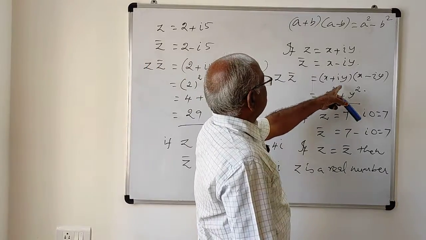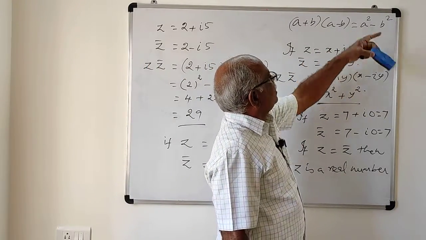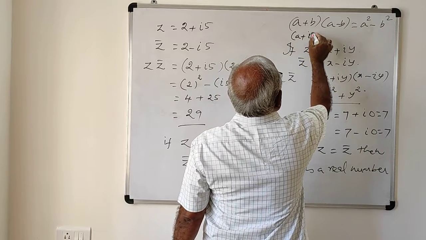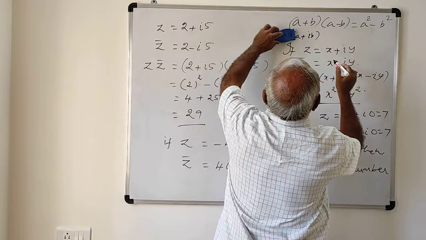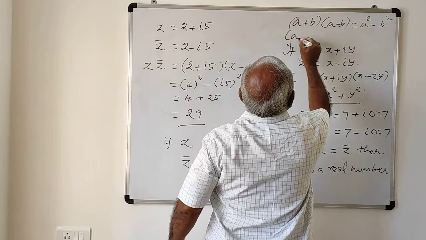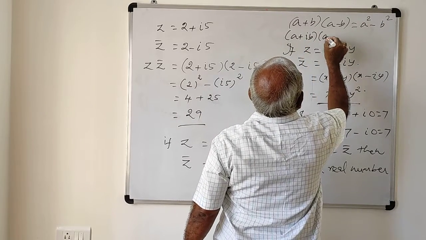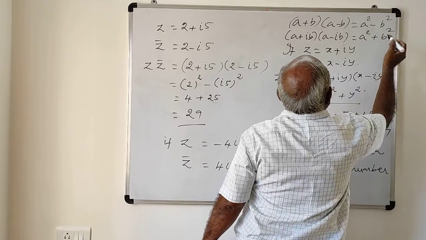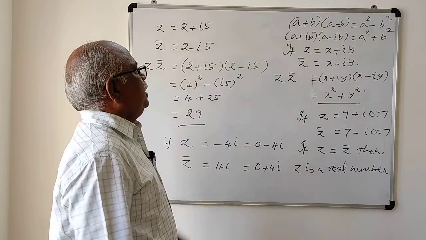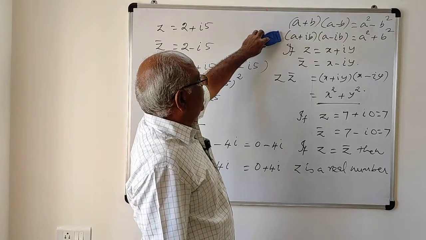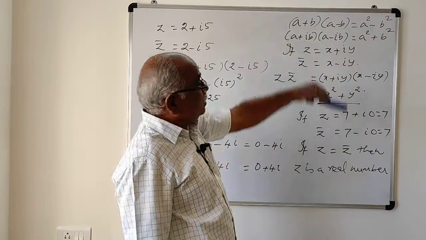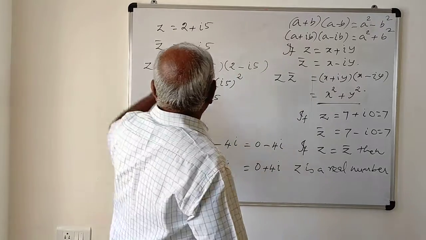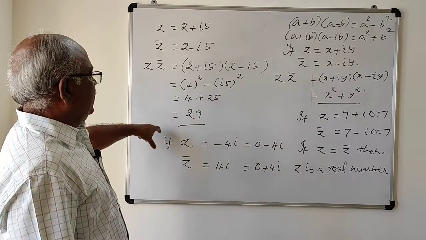In algebra, a plus b into a minus b is a square minus b square. In the case of a complex number, a plus ib into a minus ib is a square plus b square. You remember these two results. It is our complex number idea.